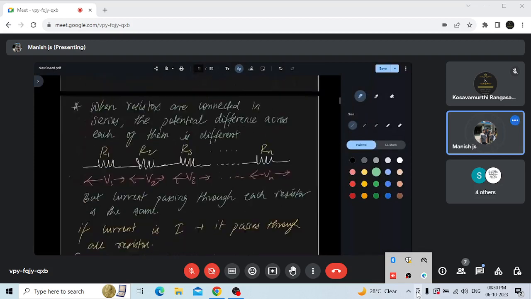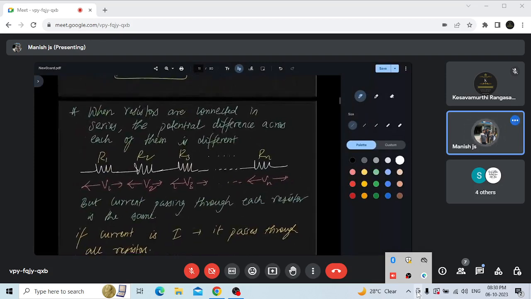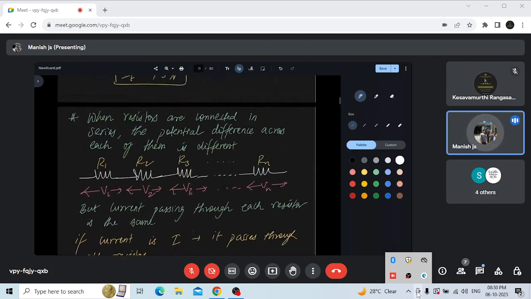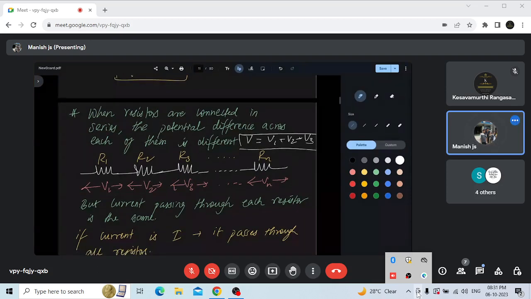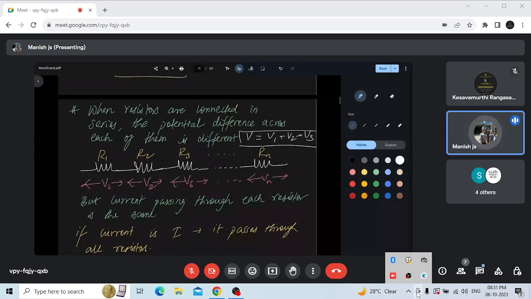Same way for series, you can build a relation for the potential difference. We can say V is equal to V1 plus V2 plus V3. Current is same, so you can't write I is equal to I1 and all. Here I is same, so whatever current enters through R1 will also enter through R2, will also enter through R3, will also enter through Rn.